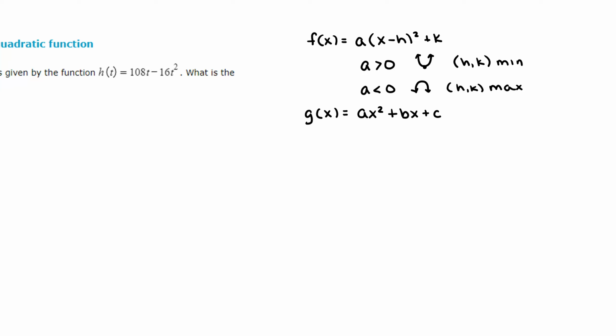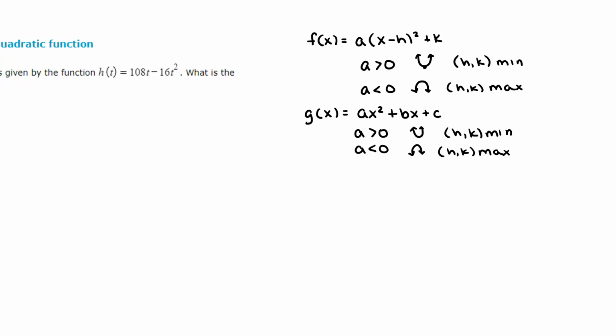And the same rules still apply. If a is bigger than 0, your graph is going to open up, and your (h, k) is going to be a min. And if a is less than 0, your graph is going to open down, and (h, k) will be a max.